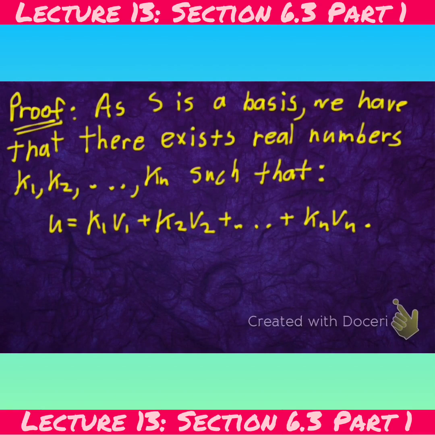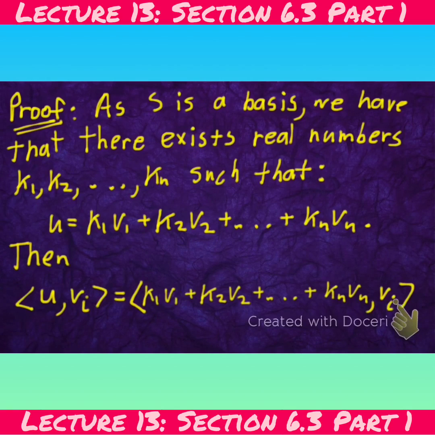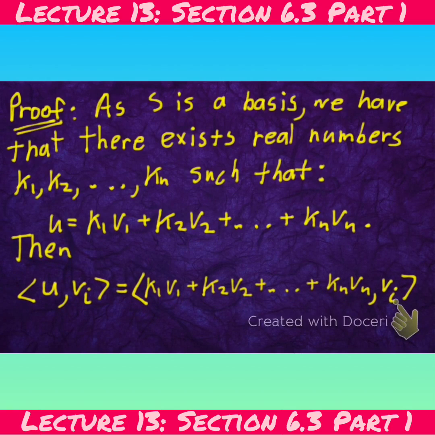But also, the vectors in S are all orthogonal. Now this means that firstly, we are going to take the inner product of u with the ith vector, right? Now remember again what I said, all these v's are orthogonal to one another. So then we can replace the vector u with its linear combination, which is this there.